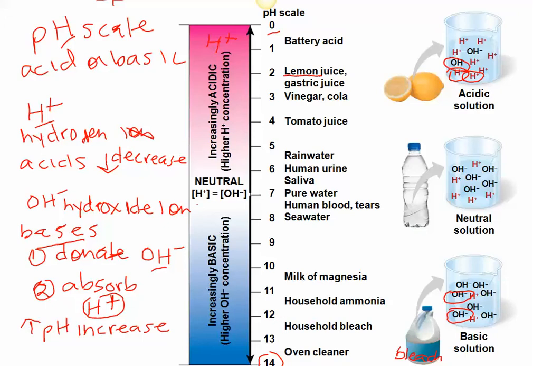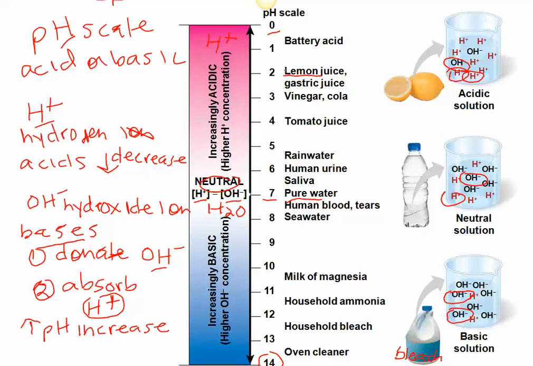And when the concentration of hydrogen ions is equal to the concentration of hydroxide ions, the pH is said to be neutral, pH of 7, and that's because they actually combine to form water, because we have H plus H is 2 with one O, H2O. That's the pH of 7, which is neutral, and pure water has an even number of hydrogen ions as well as hydroxide ions.